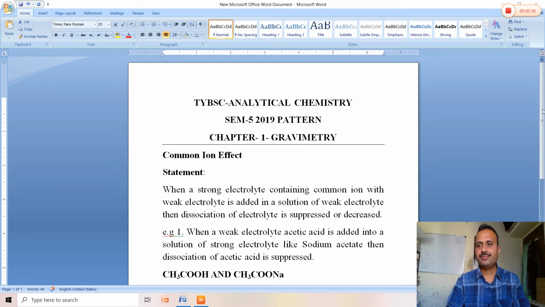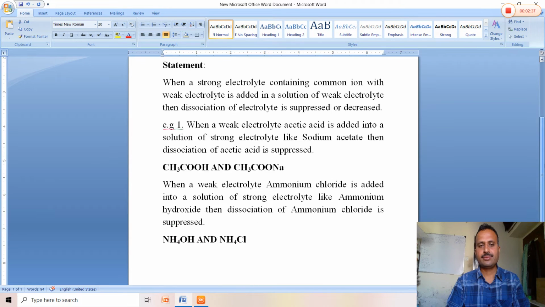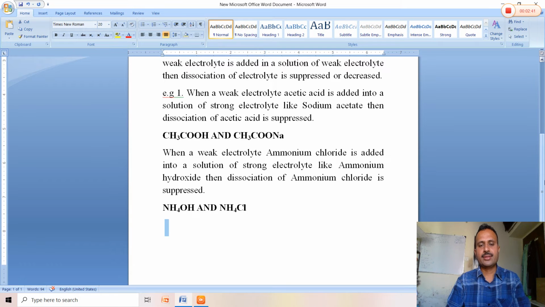Similarly, the second example is ammonium chloride and ammonium hydroxide. Here ammonium chloride and ammonium hydroxide both contain a common ion, NH4+.